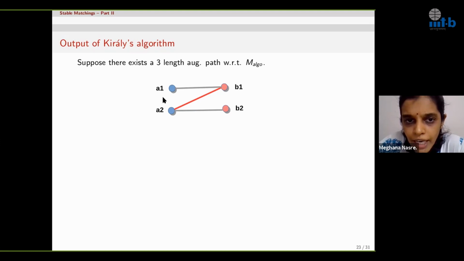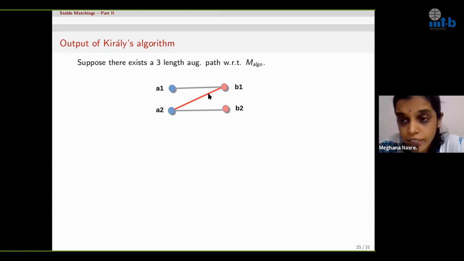So what we have is this A1, B1, A2, B2 is a stable matching, which we have claimed for the sake of contradiction, which is a larger size matching, and which gives us a 3-length augmenting path. Can we try to show that this matching is unstable? The only handle that we seem to have is this edge A2, B1, which is not present in the gray matching and is an edge in the graph, because if it were not an edge in the graph, our matching could not have matched it.